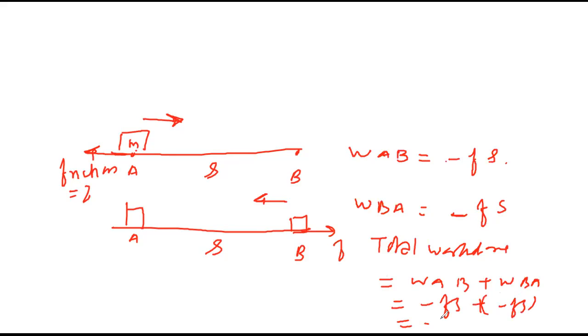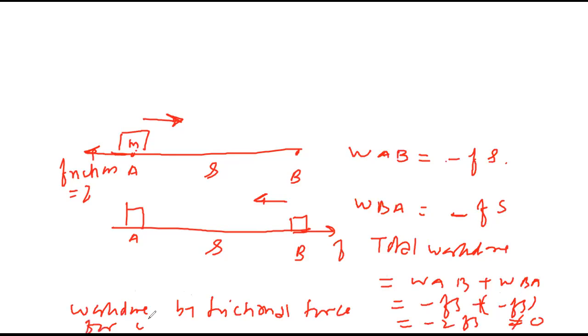So it is minus 2Fs, which is not equal to 0. That means work done by frictional force for a closed path is not 0. Correct? Closed path means net displacement 0. It went from one place and came back the same way, so it is closed.